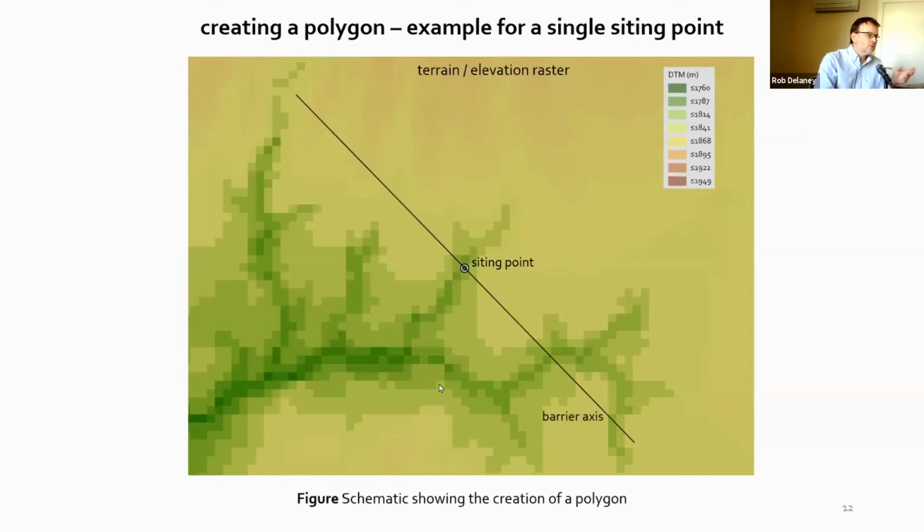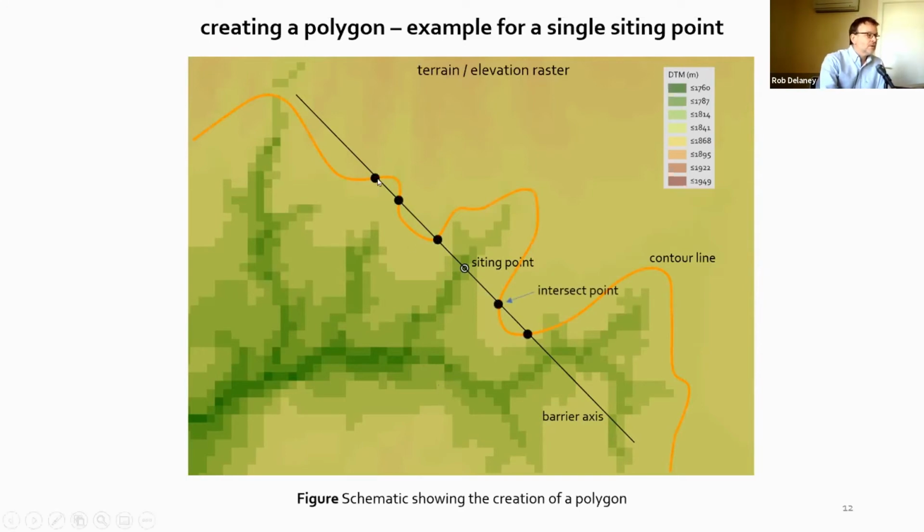And then we also know from the elevation data the contour lines. So we then take a contour line associated with the barrier elevation which we want to assess, and we can then intersect the contour line with the barrier access line.